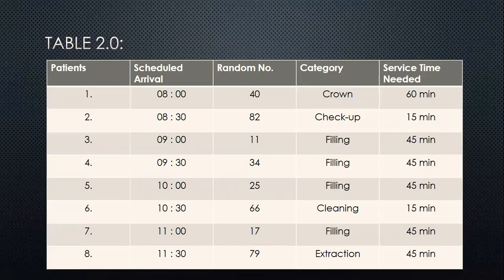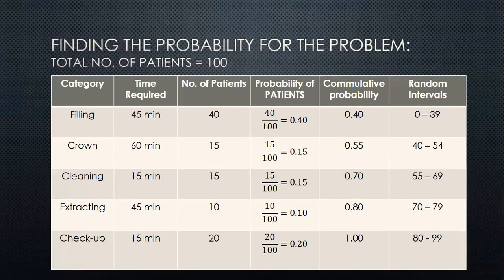So I write 40, 82, 11, 13, 25, 66, 17, and 79. By checking these numbers, we will go to that table and check where the random number lies in the intervals.